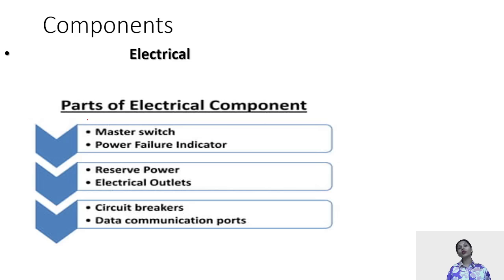Now coming over to the anesthesia machine components. When we talk about the machine, the anesthesia machine has two components. One is electrical components and the other is pneumatic components. When we talk about the electrical component, it has a master switch.